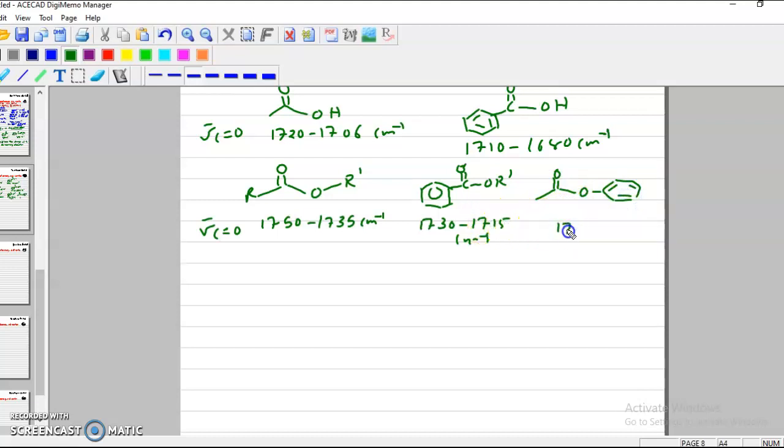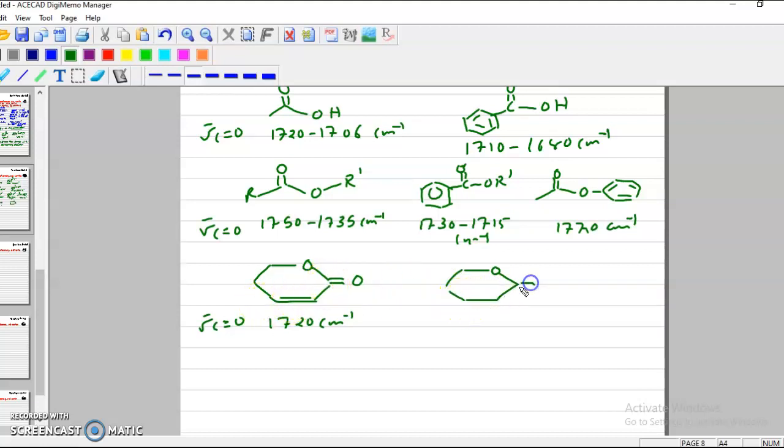Then this will be at 1770 cm⁻¹. Next is cyclic ester. Here we will have C=O stretching at 1720 cm⁻¹, while in this case you will see that the double bond is in conjugation.